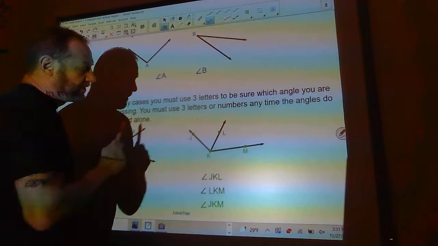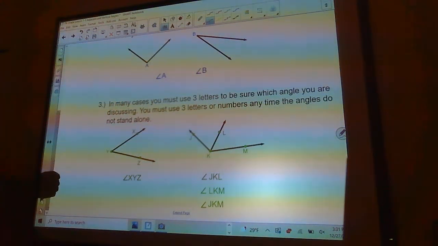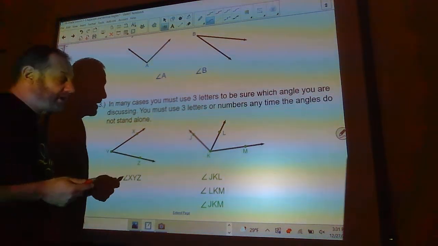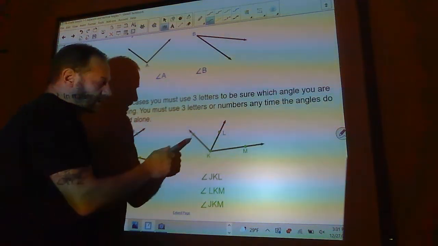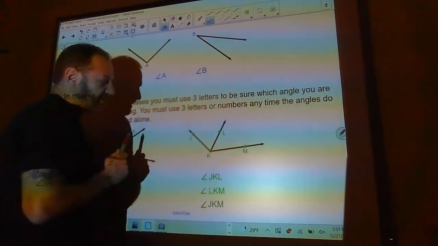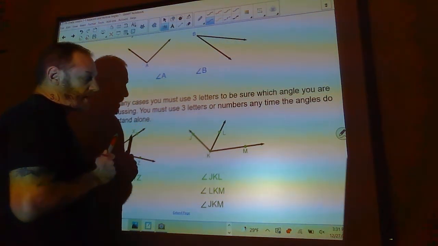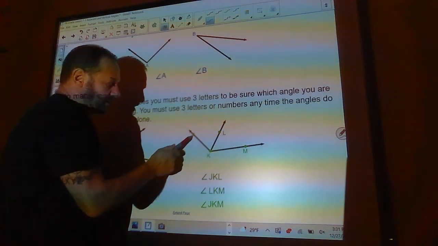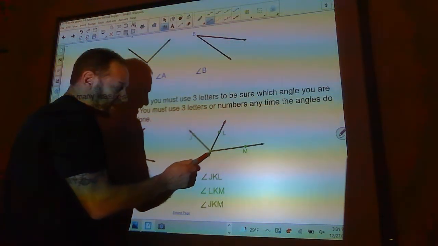Now, over here, this is where you really have to use 3 letters. Or you can put in numbers in some cases, but not always. So, here I've got 3 different angles that share the same letters. Okay, so I have angle JKL.